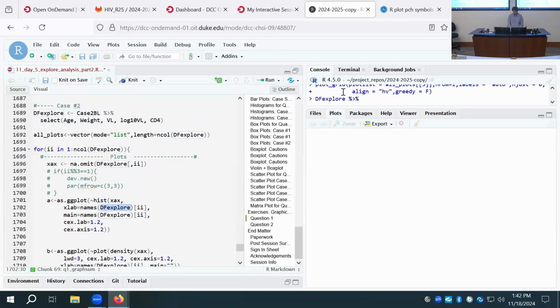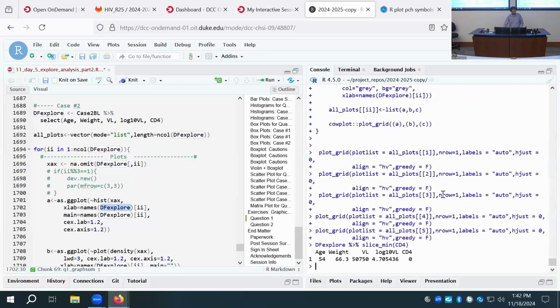We can go, okay, filter. What I'm going to do is slice min CD4. And we can say, oh, that's interesting. This is a person that has 0 CD4 counts. Is that right? Or is that some kind of weird coding thing that's going on?